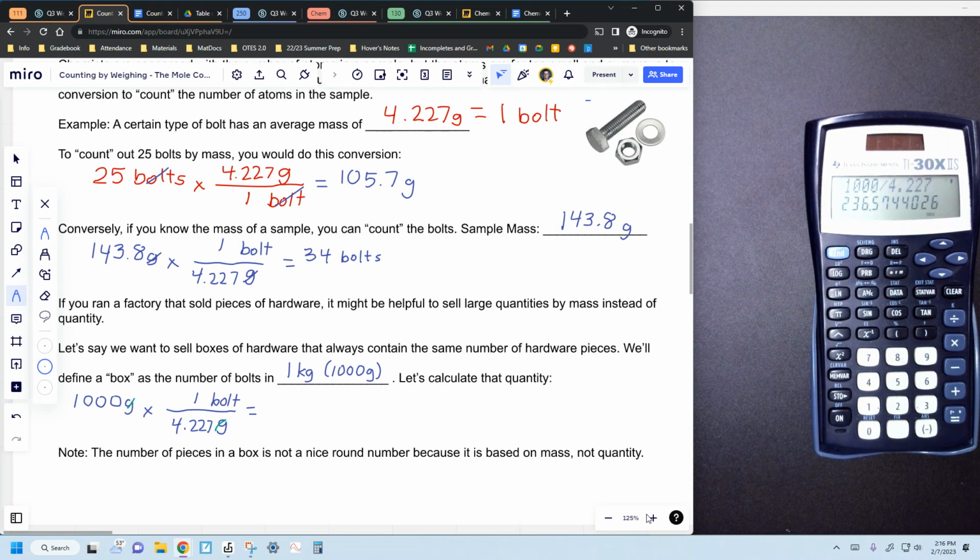It kind of seems random, but it is kind of random, right? Because I didn't devise it based on a nice round count. I devised it on a nice round mass, okay? And it's not even an even number. It would be really nice if we were closer to an even number, but we're not. So it's about 236.574 volts.